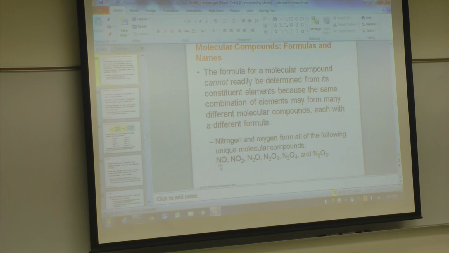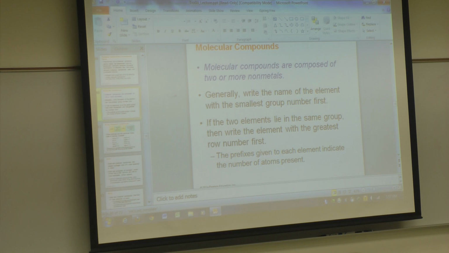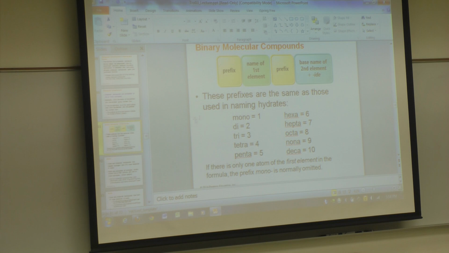As an example, we have NO, nitrogen oxide, NO2, nitrogen dioxide, and N2O, dinitrogen oxide, all the way to N2O5. And we generally write the name of the element with the smallest group number first, and then add prefixes.